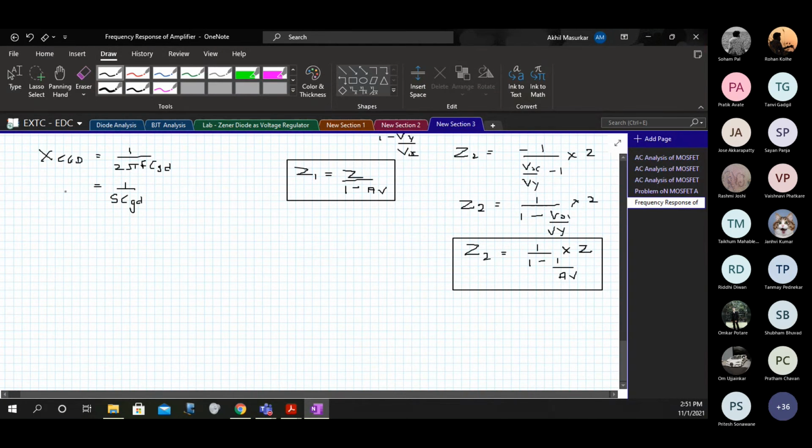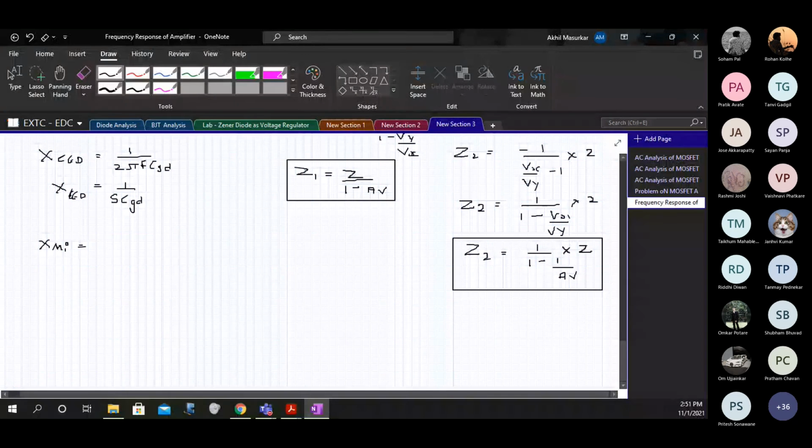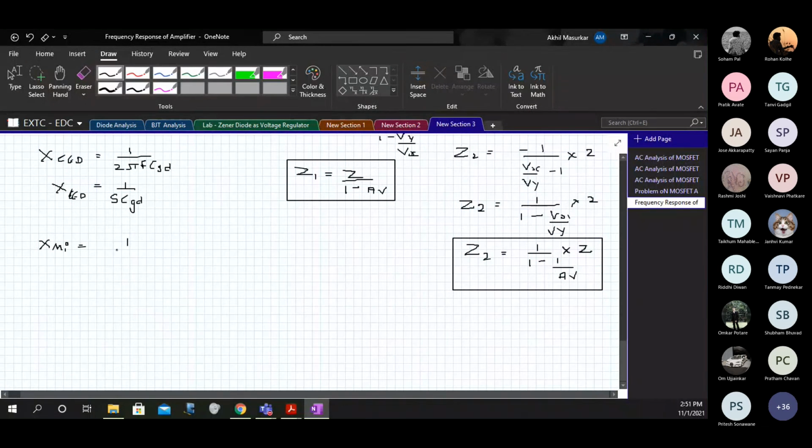Now this XCGD we have to split into two sides, that is capacitance on the input side and the output side. So X Miller on the input side will be, what is the value of Z? 1 upon S times of CGD upon 1 minus AV.